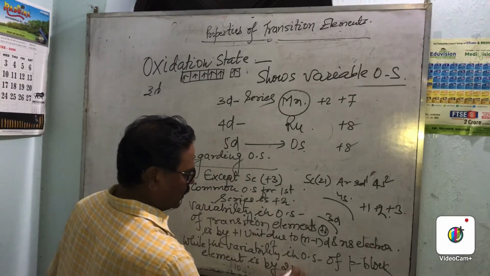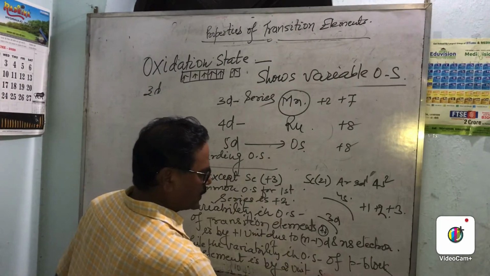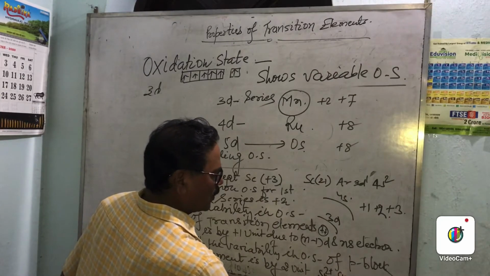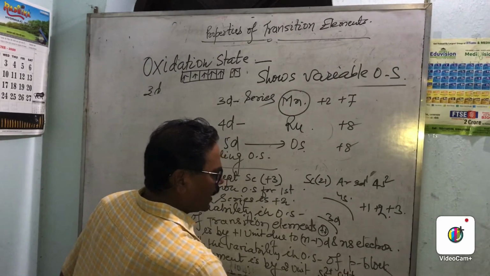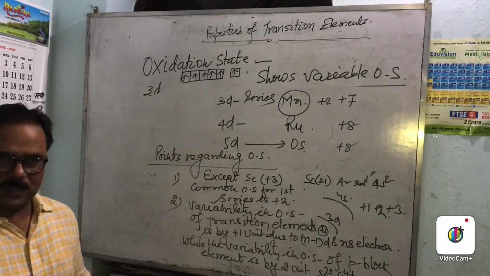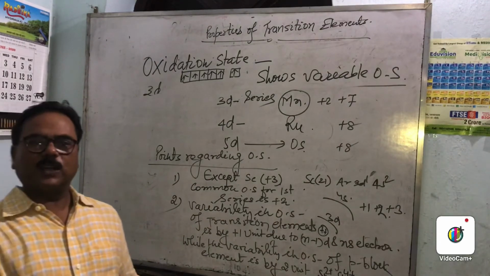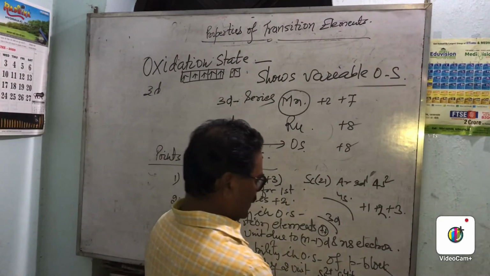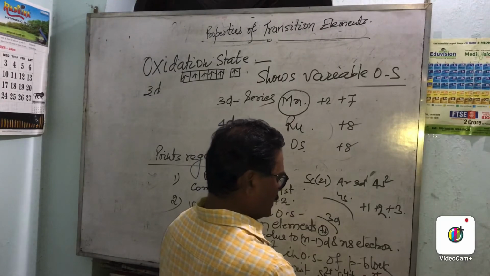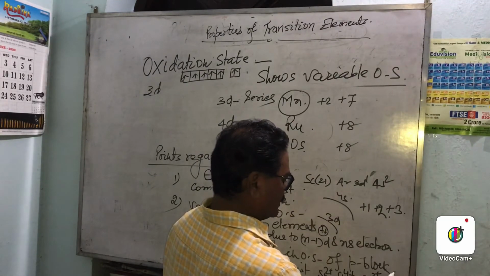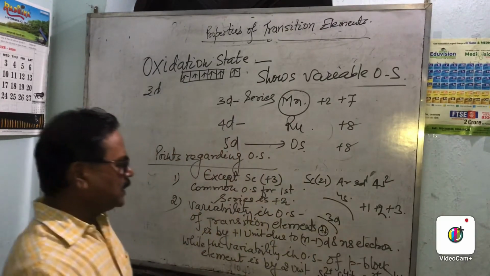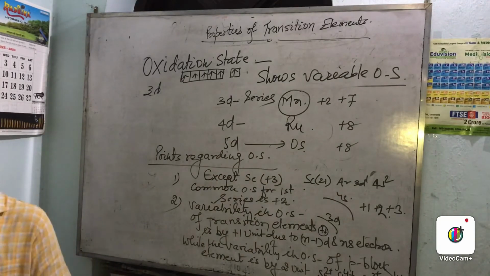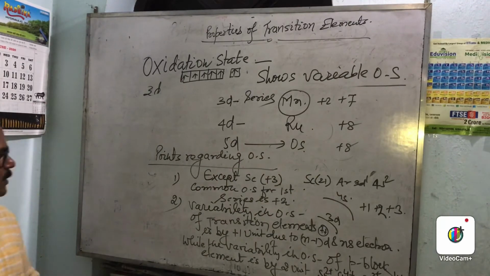Suppose we take Sn2+ and Sn4+. We don't write Sn2+, Sn3+, then Sn4+. And this is due to the inert pair effect. Now, this is lead 2+, and lead 4+. So this is the variability in the oxidation state of the transition elements. This is the second point.